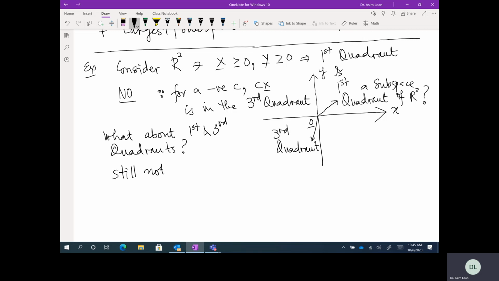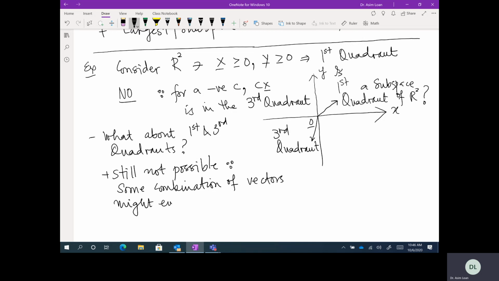Still not possible because some combination of vectors might end up in other quadrants.